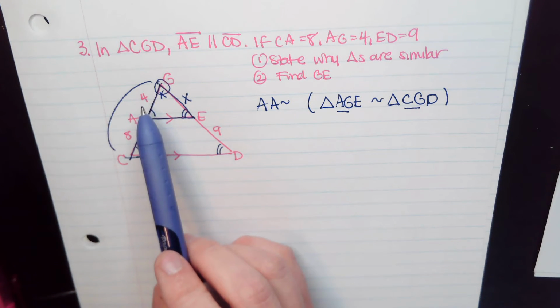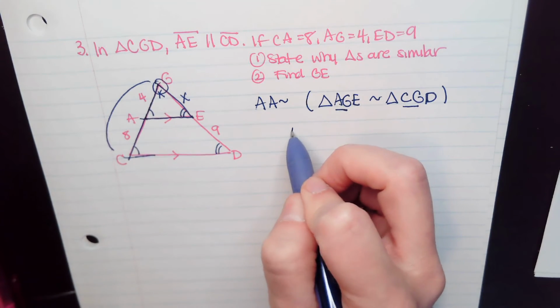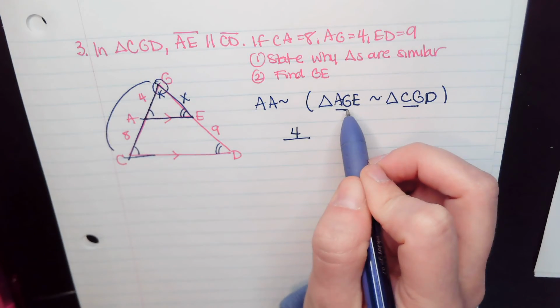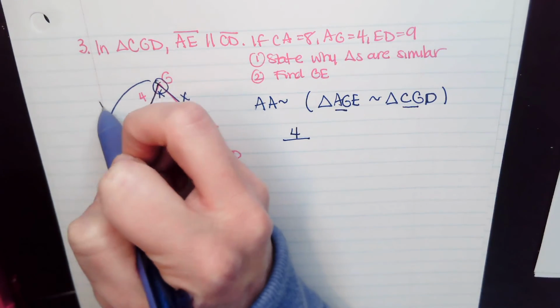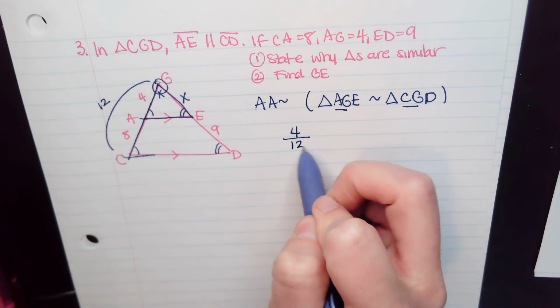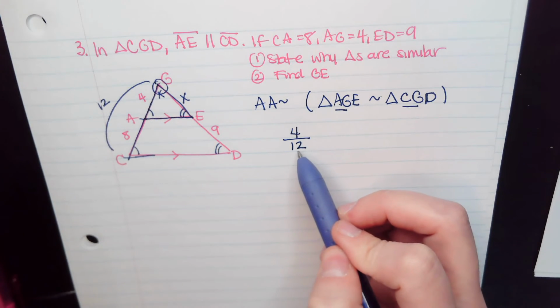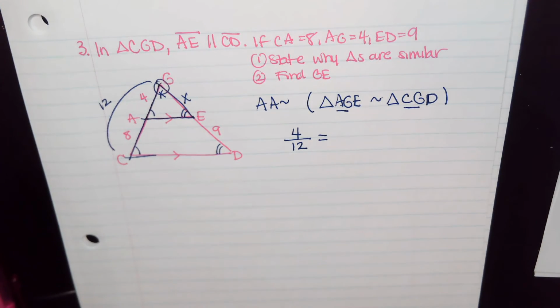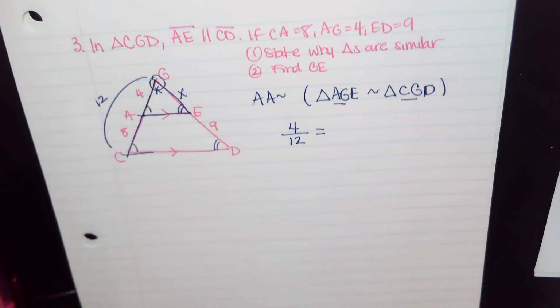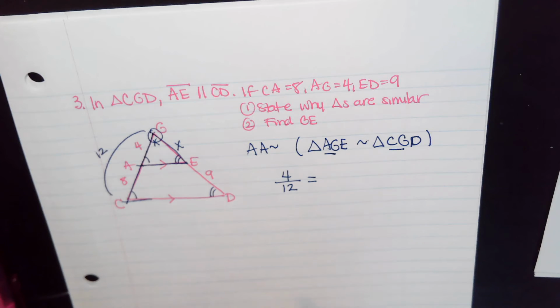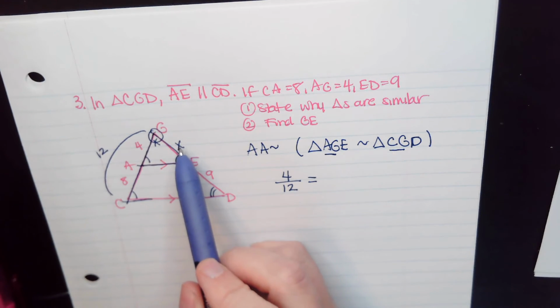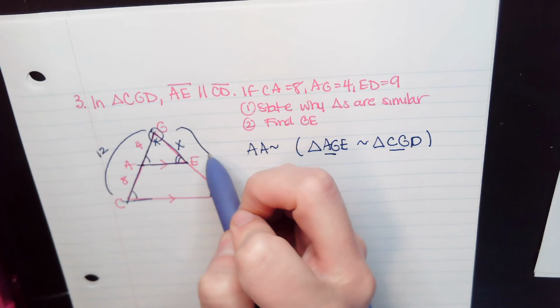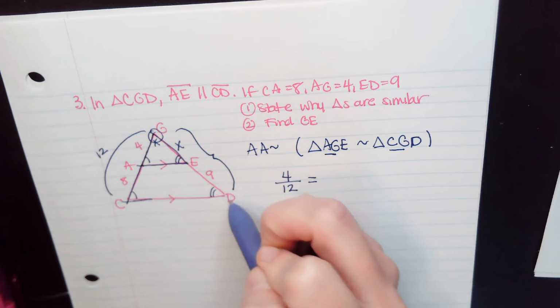So we're going to take 4, which is the length in the smaller triangle, compared to 8 plus 4, which is 12 in your larger triangle. So the 4 corresponds to the side that's 12. Remember, in similar triangles, all of our sides have to be in the same proportion if they're corresponding sides. So that means X in this triangle must correspond to this whole side.